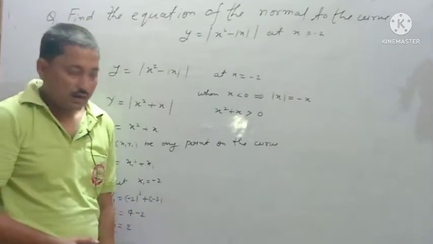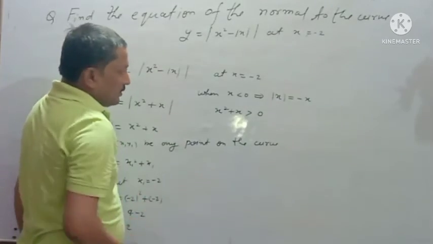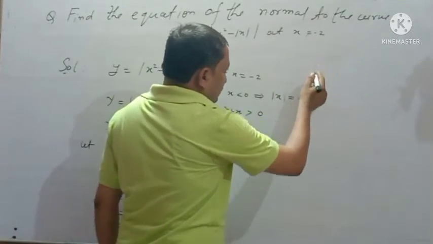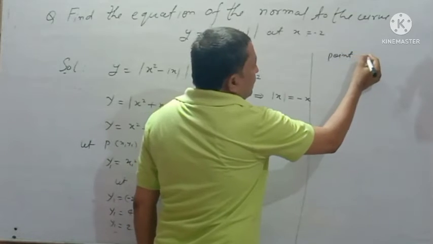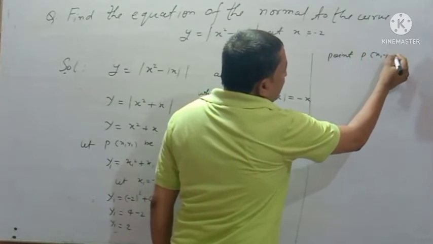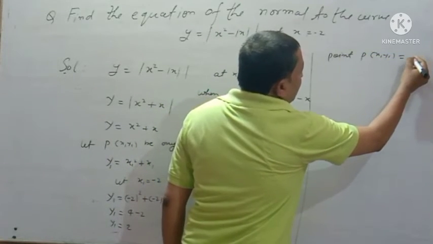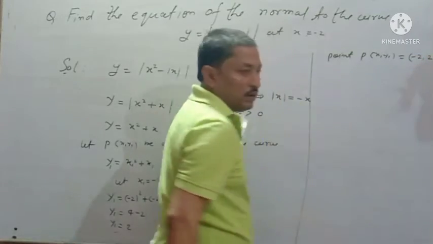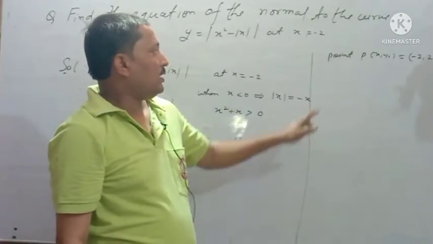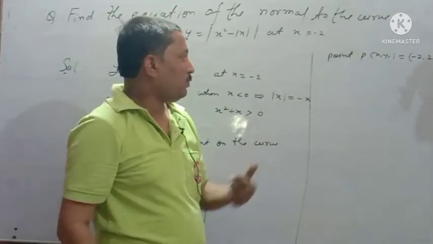Therefore, we get the point P (x1, y1) equal to (minus 2, 2). We want to find the normal at this point.